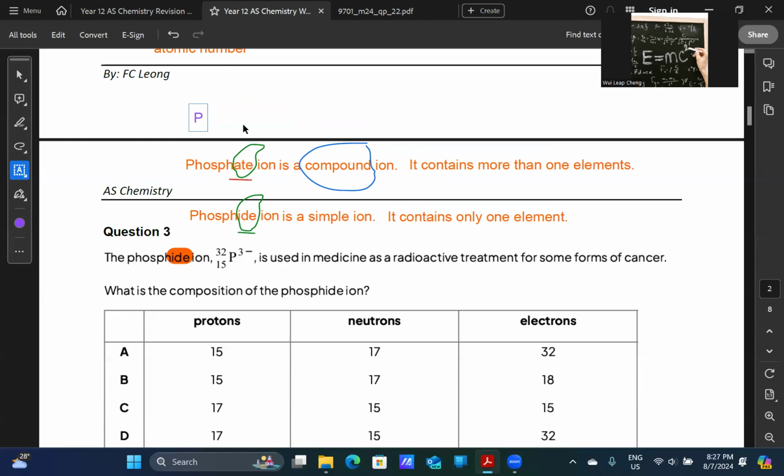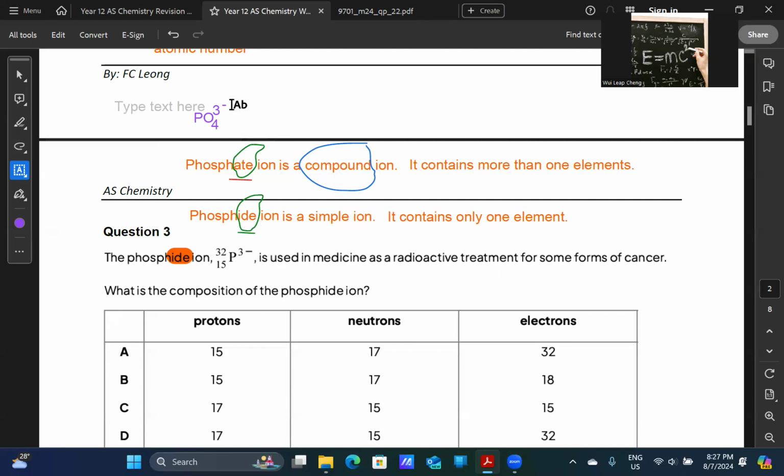If I write its chemical formula, then you are familiar with that. Yes, it's PO4 3 negative.